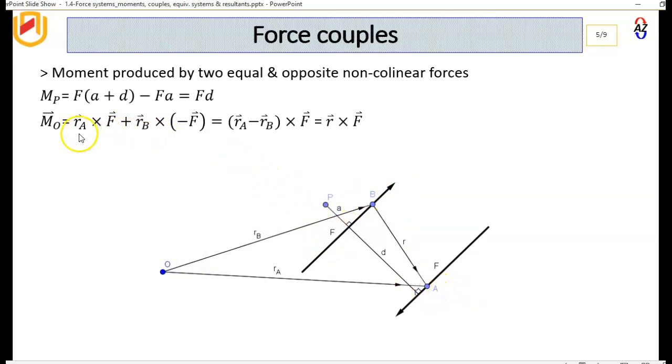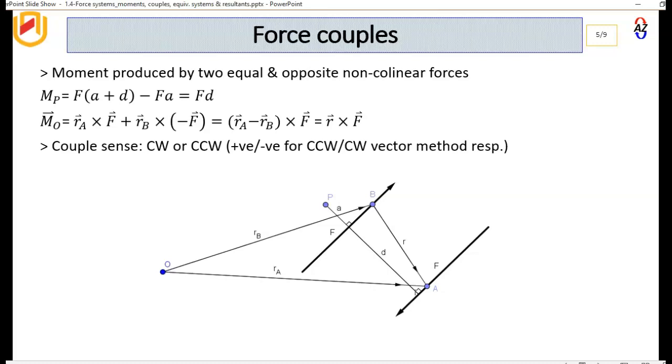Now if we put our terms together here, then we have RA minus RB cross F. Then this is the same as R cross F, because RA minus RB is R. So the sense of rotation here is clockwise negative and counterclockwise positive if we're using the vector method in the right-handed coordinate system.